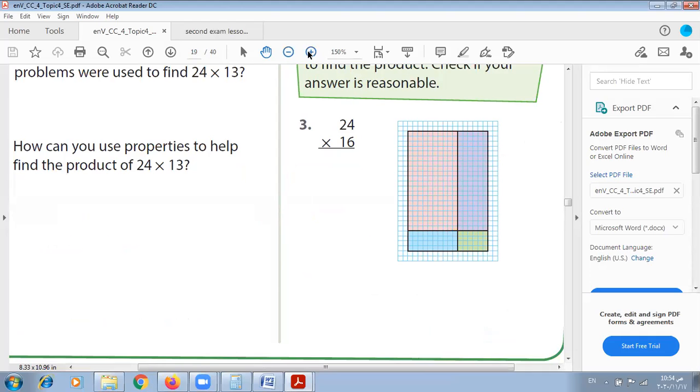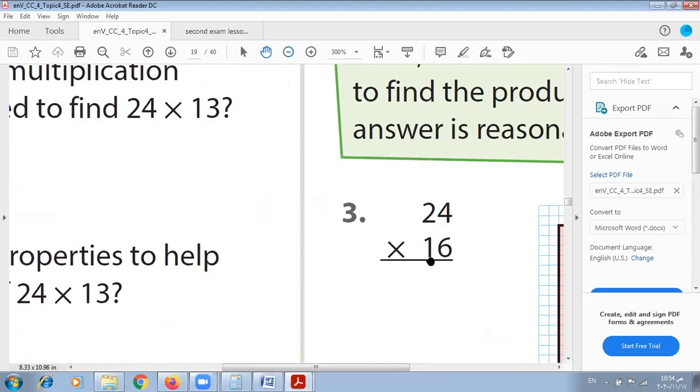So I will give you something like that: multiply 24 times 16. So let's take an example of how that will be on the exam. I will tell you to find 32 times 12.